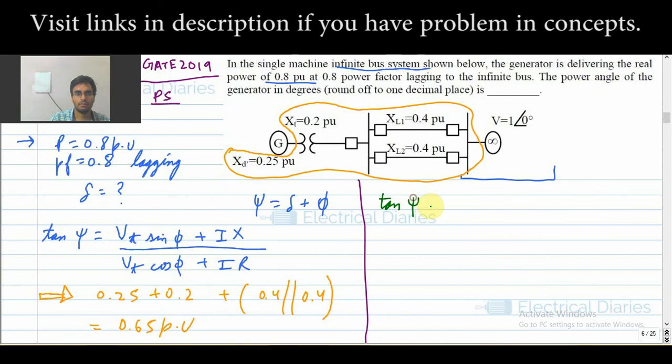Tan psi will be equal to Vt, which is 1, into sin phi. Phi is cos inverse 0.8, which will be 36.87 degrees.